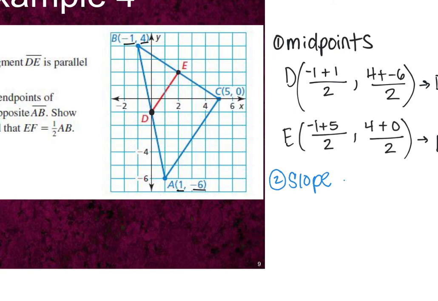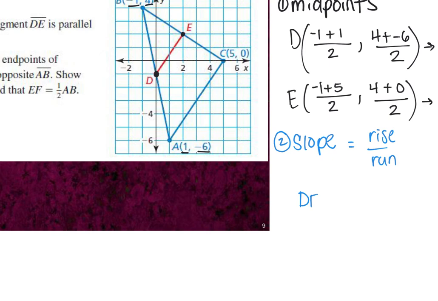Remember, slope is just rise over run. So the slope of DE, we're going to count the rise and count the run. Up 1, 2, 3, to the right 2. So our slope is rise over run, so plus 3 over plus 2, which will give us 3 over 2.